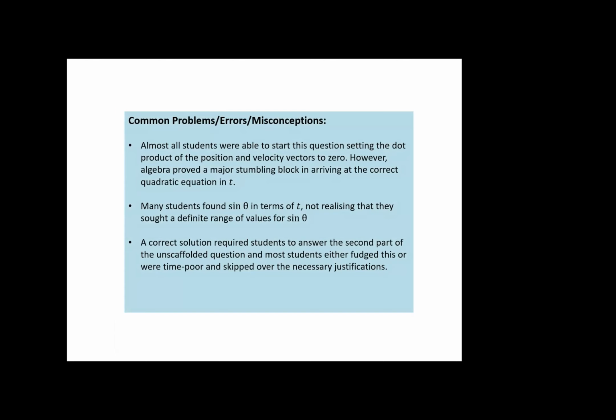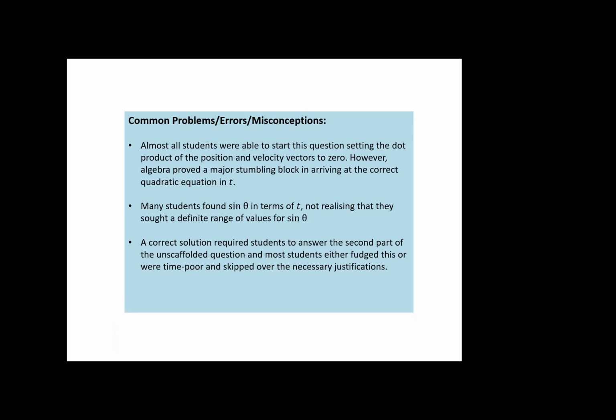Issues? Almost all students were able to start this question by setting the dot product of the position and velocity vectors to 0. However, unfortunately, algebra proved a major stumbling block in arriving at the correct quadratic equation in t.